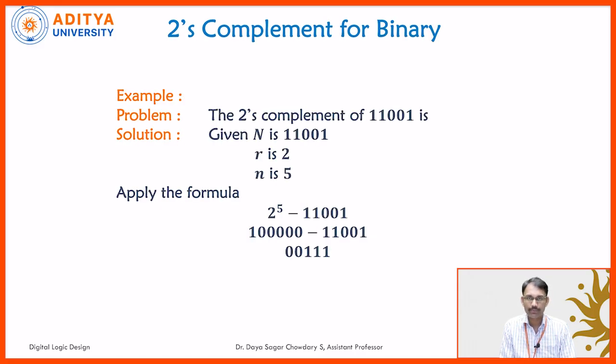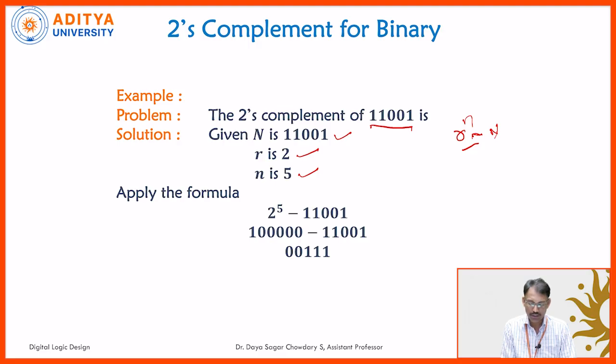Now coming to binary, so again for r's complement we can calculate simply with the help of this formula, r to the power of n minus capital N. So the given data is 11001. Now capital N is 11001, small r is equal to 2 and small n is equal to 5.